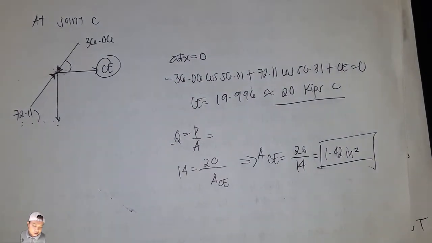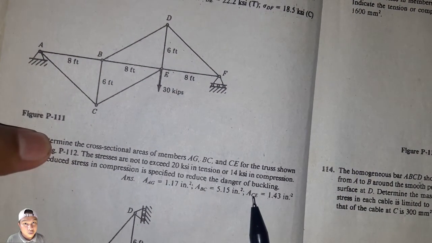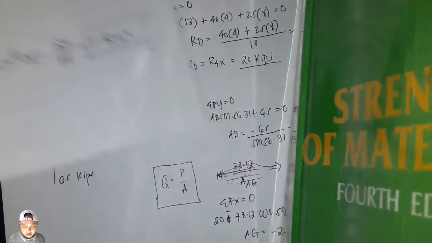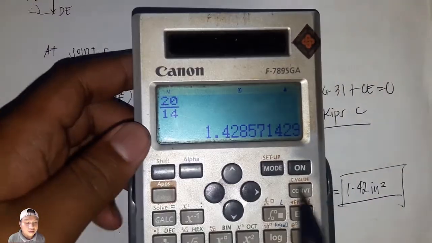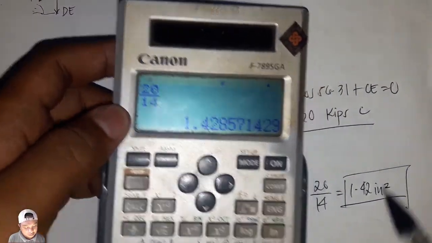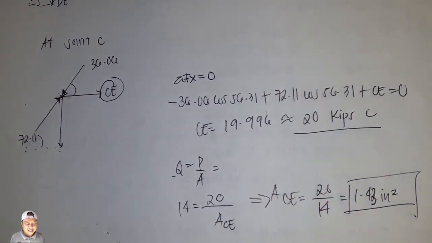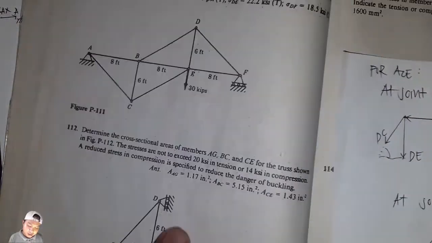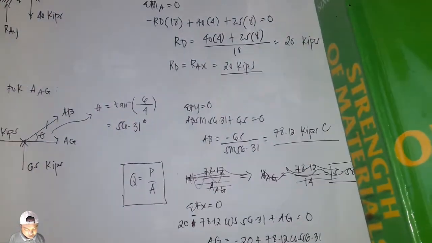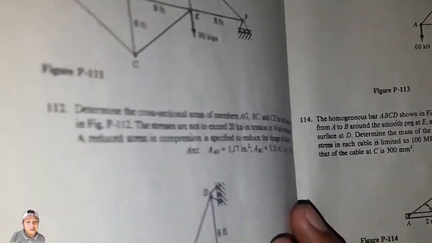So let's check. The area CE is 1.43 and our answer is 1.42, but since it's 1.428, we consider it as 1.43. The slight difference is the area AG: in the book it's 1.17 while mine is 1.67. So that's my approach for this problem.